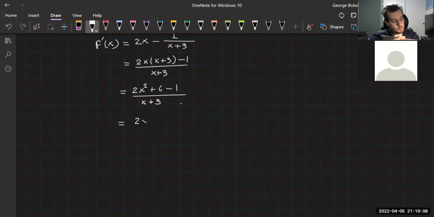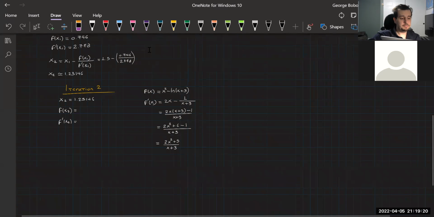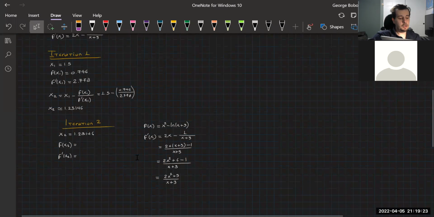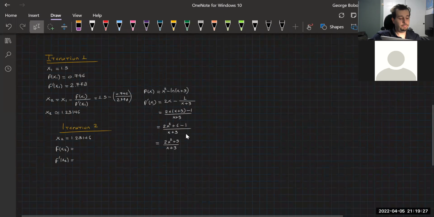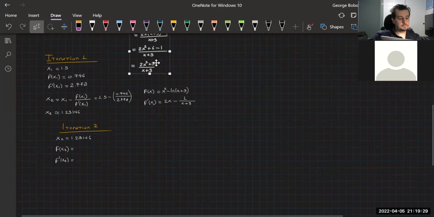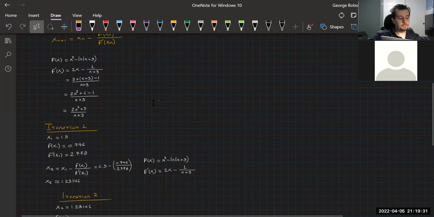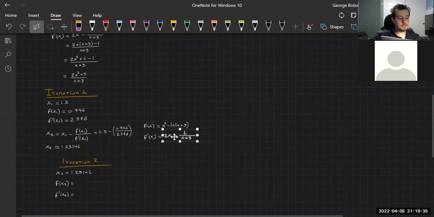So we get 2x squared plus 5 over x plus 3. I think it's easier to work in the calculator if you write it like that. Anyhow, I'll take with me this instead of this mess. It's a little easier to work the numbers.